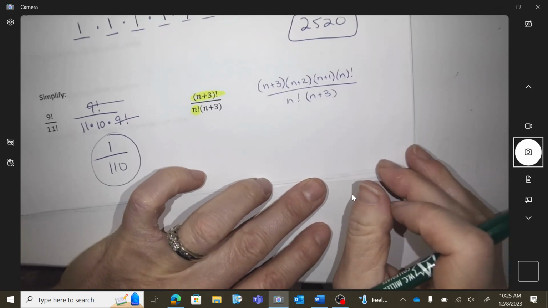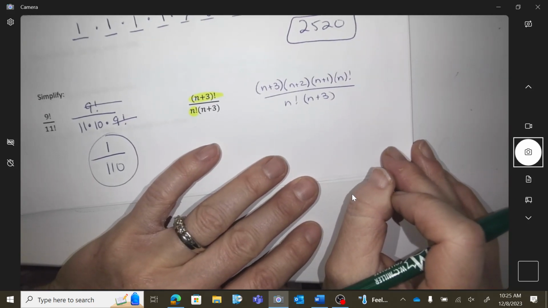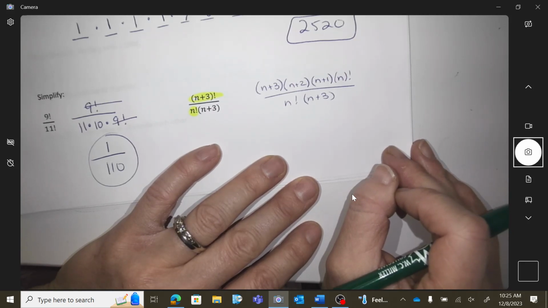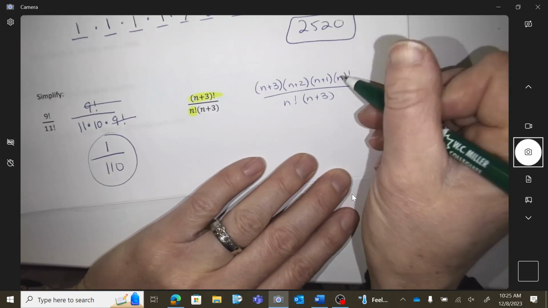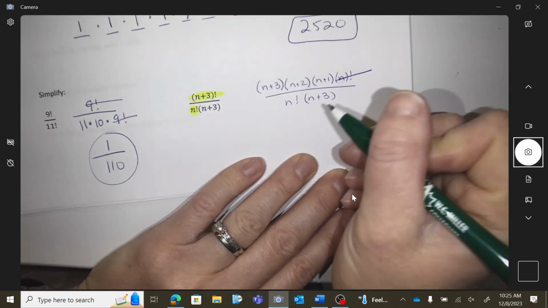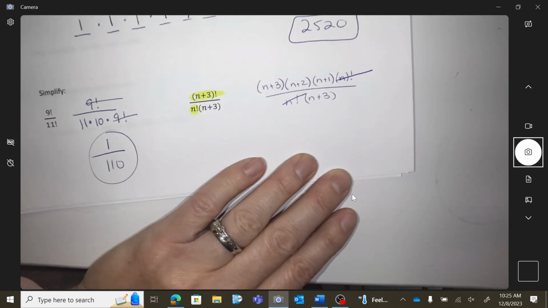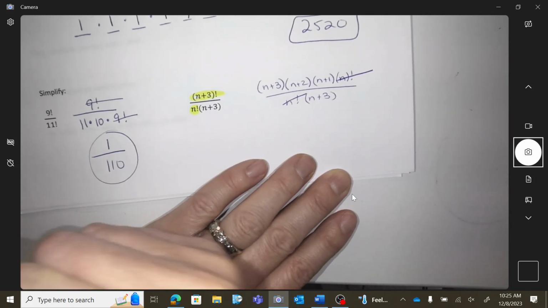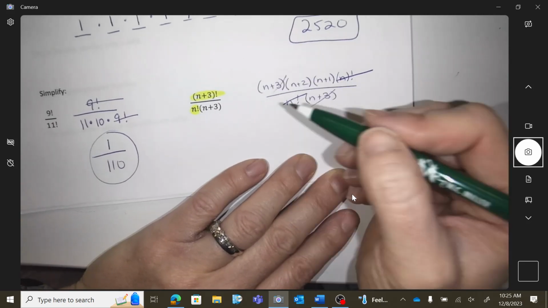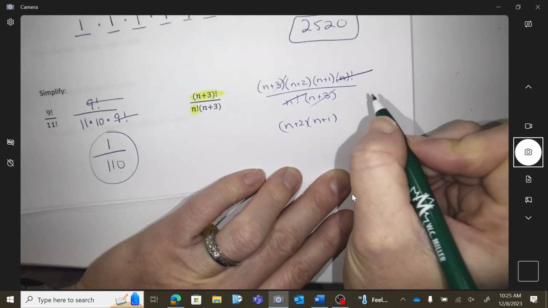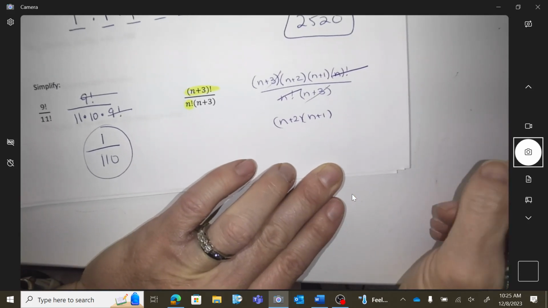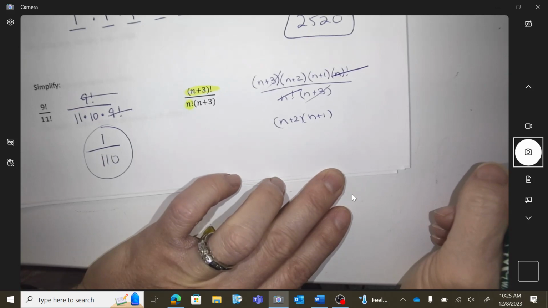If I did keep going, what's below n? N minus 1, n minus 2, n minus 3, right? So n factorial and beyond would cancel this n factorial and beyond. And then just an n plus 3 cancel. And I'm left with that.